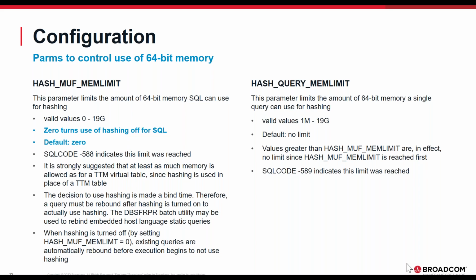So that's a good value to use. But if you're not constrained too much, then you might set it to the maximum, 19 gigabytes, and it's only going to be used if it's needed. If you want to go that direction too, but at a minimum, we suggest you make it at least as large as your virtual TTM.